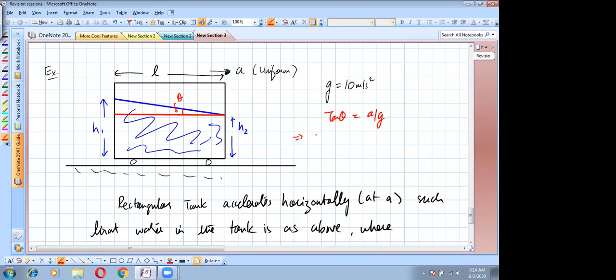Now tan theta you can see is H1 minus H2 by L. That is equal to a by g. So if you use these values here, your a by g will come out to be 0.2. So acceleration will come out to be 2 meters per second square. So that is the first part's answer. Now also work out the second part's answer.